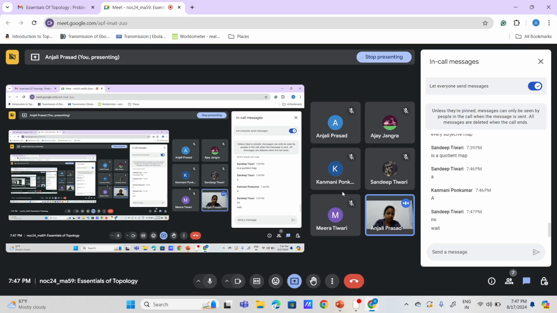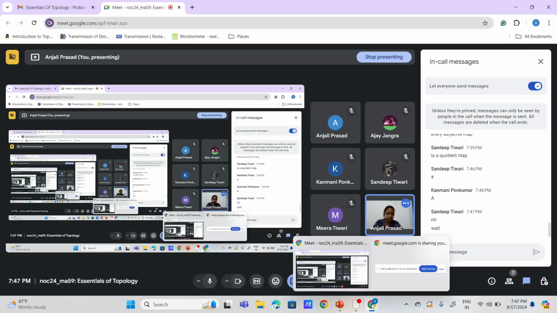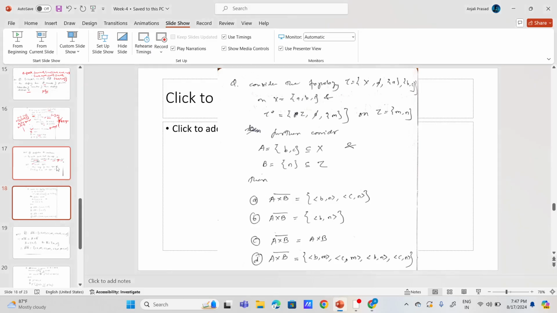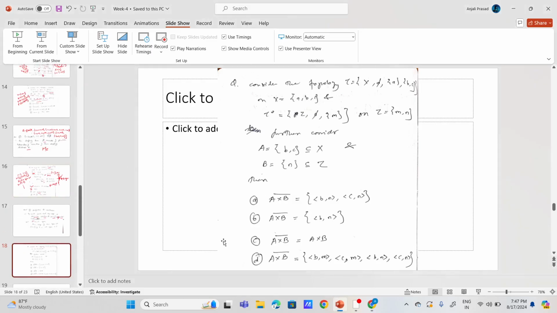Saying A. Okay, you are trying. Check it nicely. What will be the product topology on A cross B?